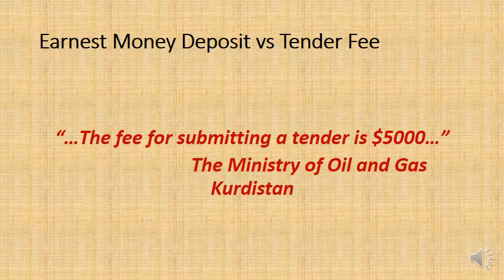So I'll try and explain this. If this doesn't make sense to you, I will explain this on the board when we have our Zoom tutorial or when we're back in class. But let's say the Ministry of Oil and Gas has a project where they want to build a pipeline. And so they put out a tender invitation with the tender documents for prospective contractors.